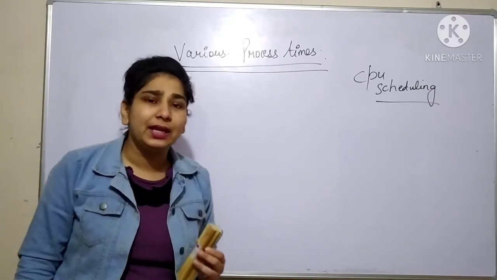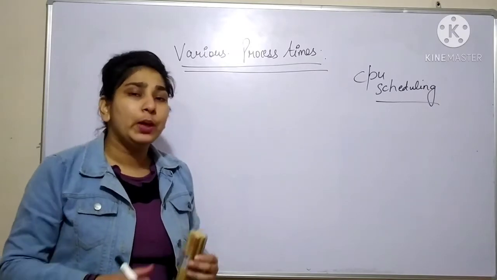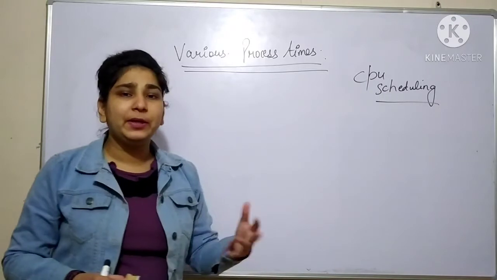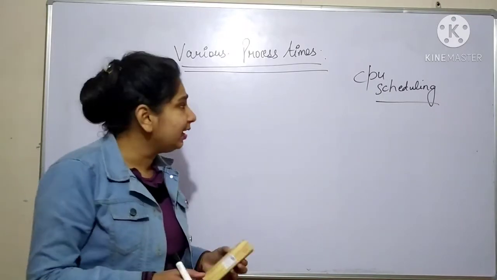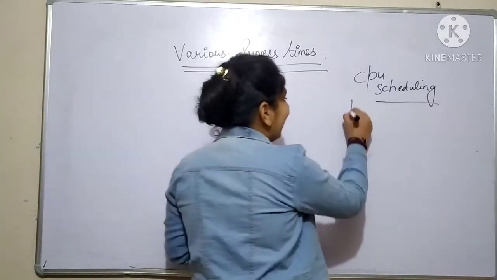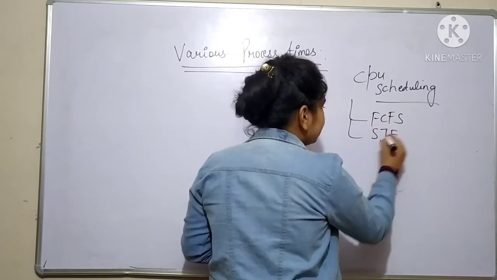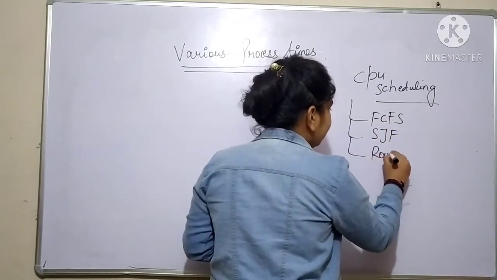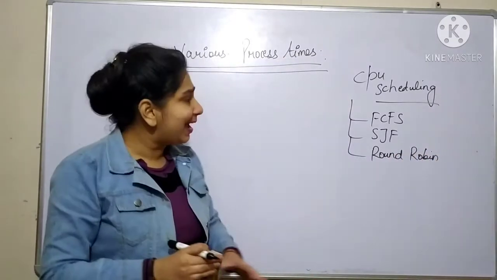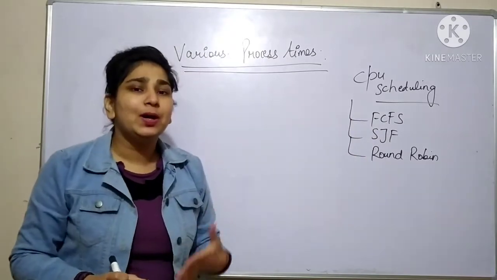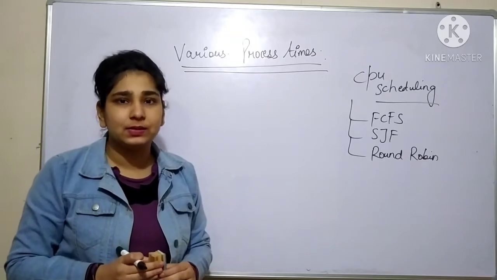We will discuss the possible ways in which we can assign one CPU to many processes, with algorithms like first come first serve, shortest job first, and round robin. These are the various ways to assign one CPU to many processes.